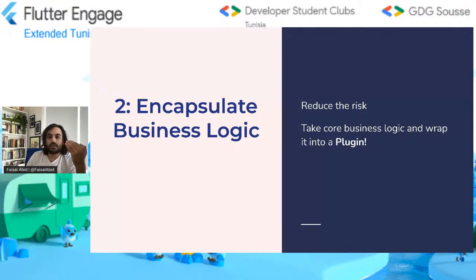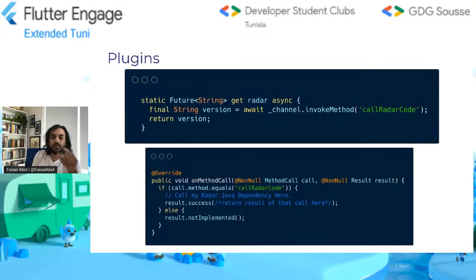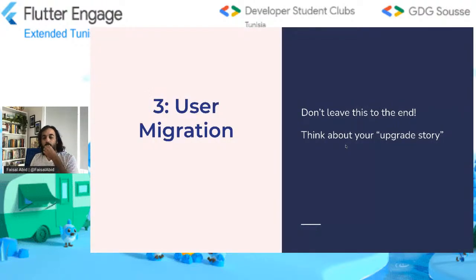Instead of rewriting all that in Dart, you can just create a plugin and bring all that Java code in. And just like what we did there, where we said call radar code, we can do the exact same thing here. We can say call my quantum shuffling algorithm. And when you call your quantum shuffling algorithm, it will call Java and it will call Objective-C, and it will run that code that already exists. And then it will just return the result back. So you can get away with writing all sorts of business logic, right?